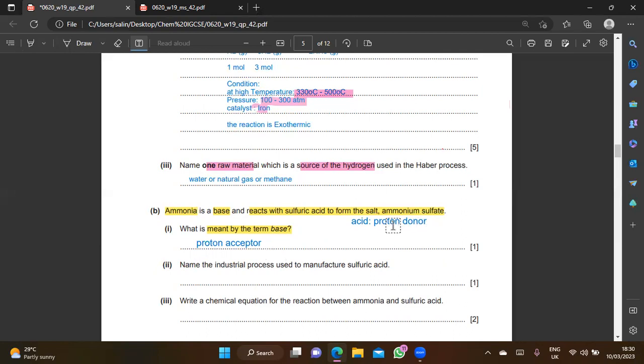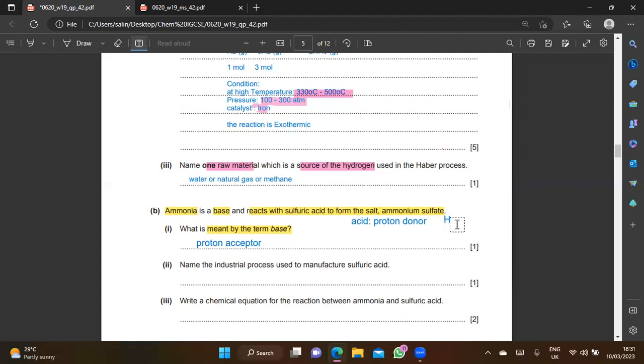Remember, when we talk about acid, what is the most important ion that we talk about? An acid is the presence of the hydrogen ion. Let's say you forgot about this, I don't know how to define acid or a base.